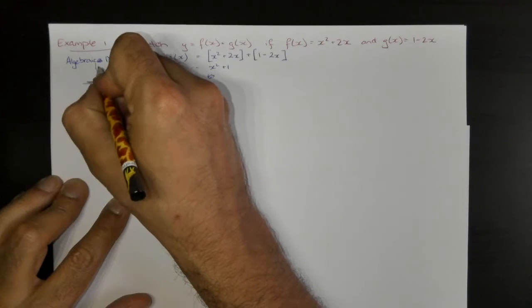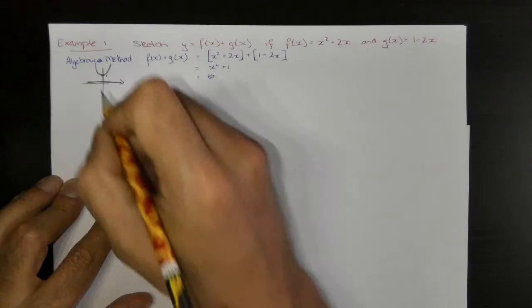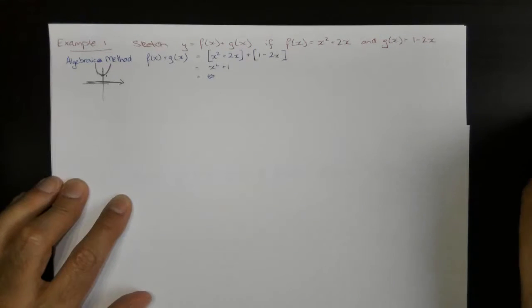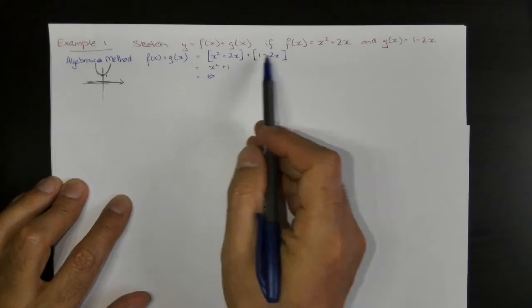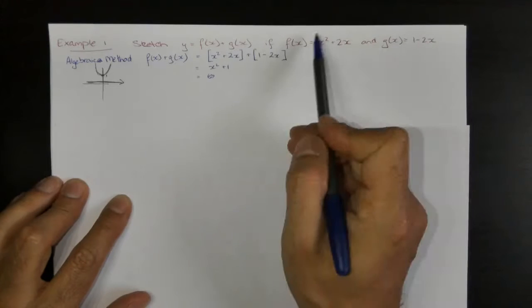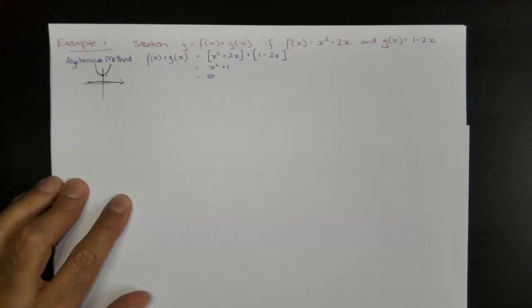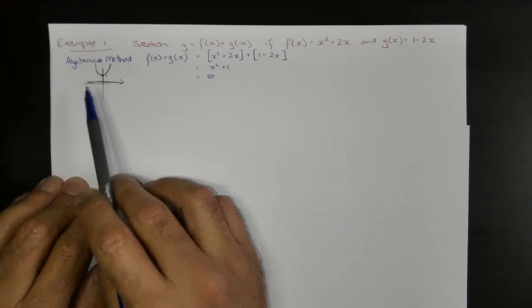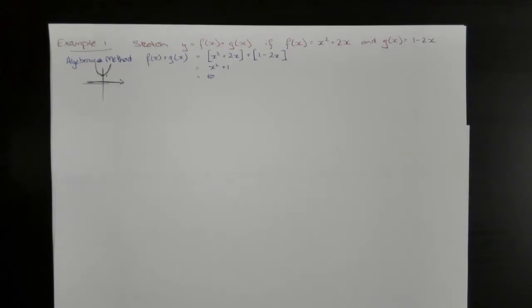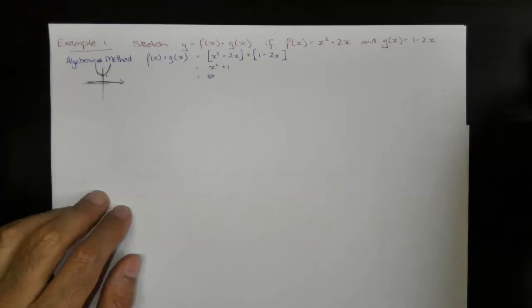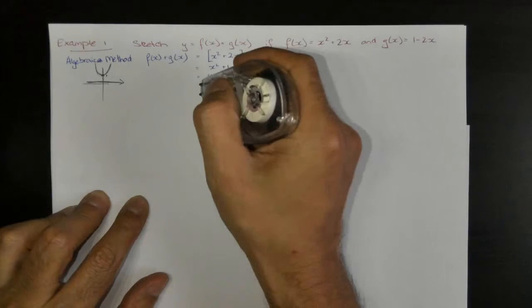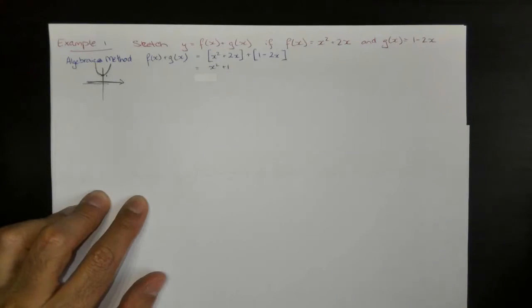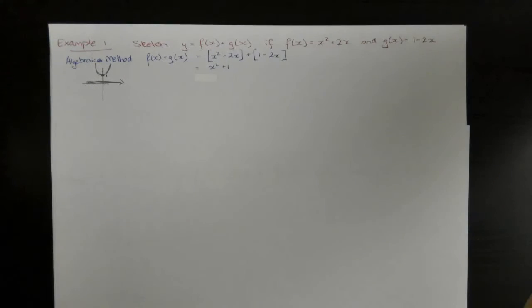Something like that. Basically what we've done is add the two functions together, a quadratic with a linear equation, and we've produced another quadratic out of this, and it's just the normal parabola translated up 1 unit over the y-axis. Let's look at that using a table of values.